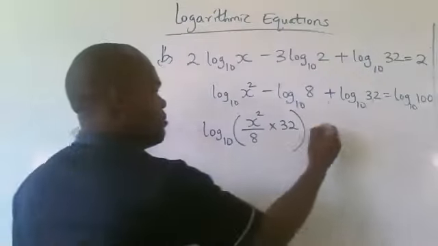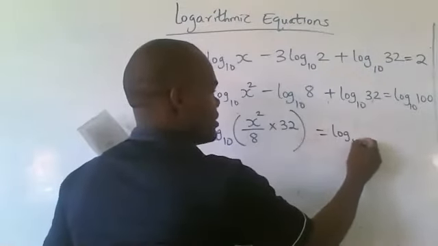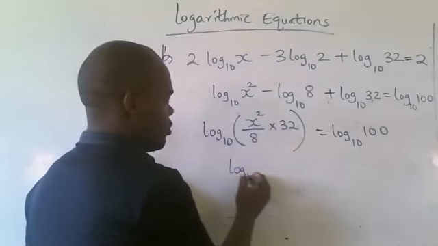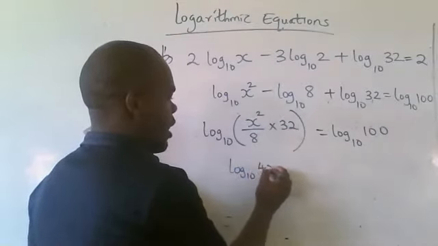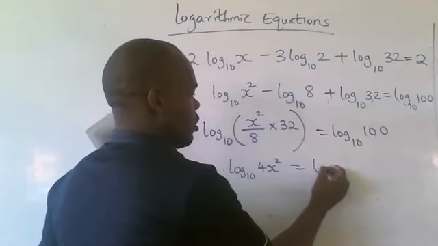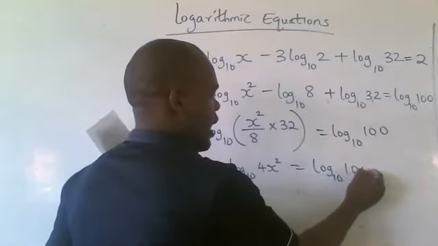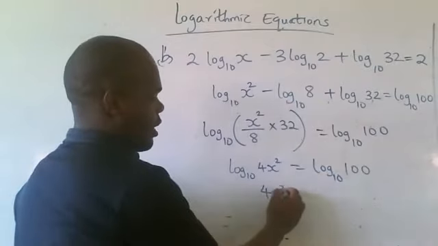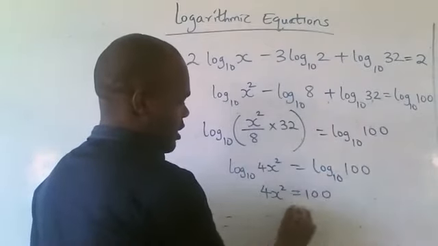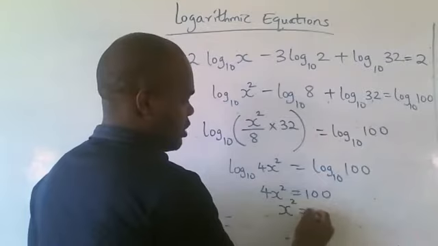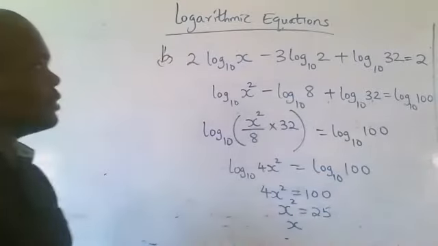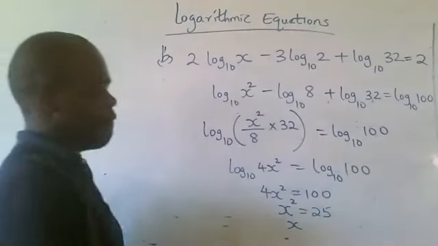And this gives me log to base 10 of 100. So this one will be log to base 10 of 4x squared equals log to base 10 of 100. So that means 4x squared is 100. So x squared is 25. And what is x? X is 5.